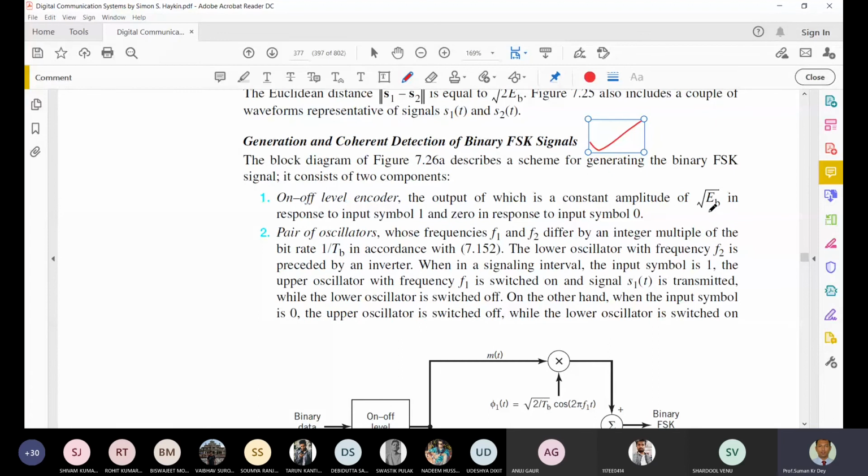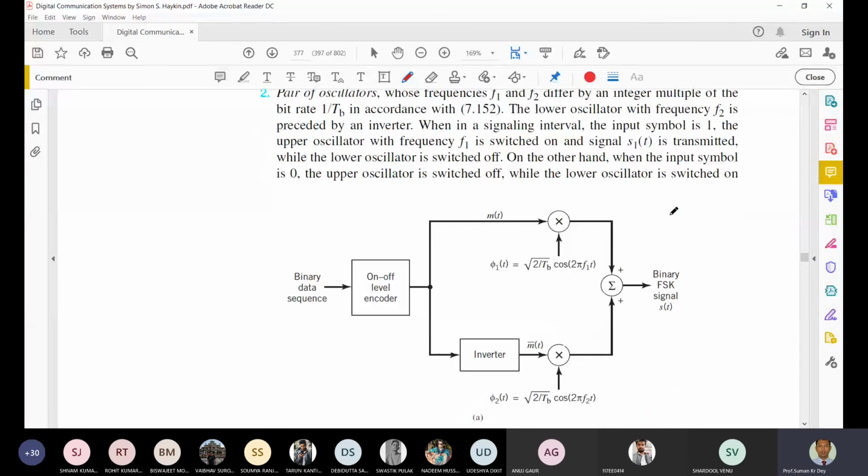Basically Eb is corresponding to the symbol 1 and 0 is corresponding to 0. So now the binary data sequence is used for generating the BFSK signal. So what is there? The binary data sequence will be there. Then there is an on-off level encoder. So what will the on-off level encoder do? By looking at the input sequence, it will decide where the signal goes. Basically we can consider this point as a switch.